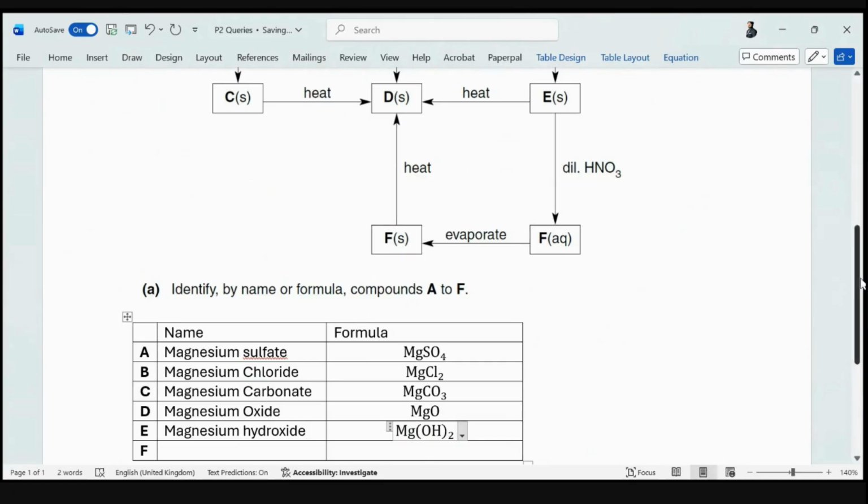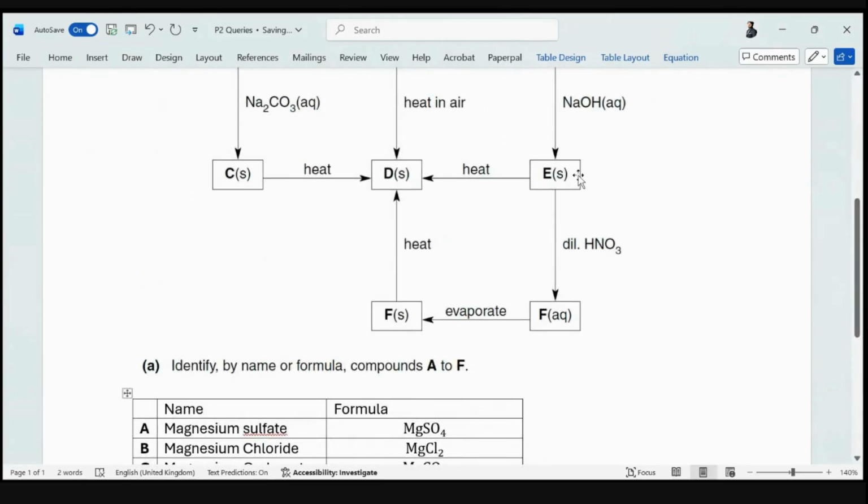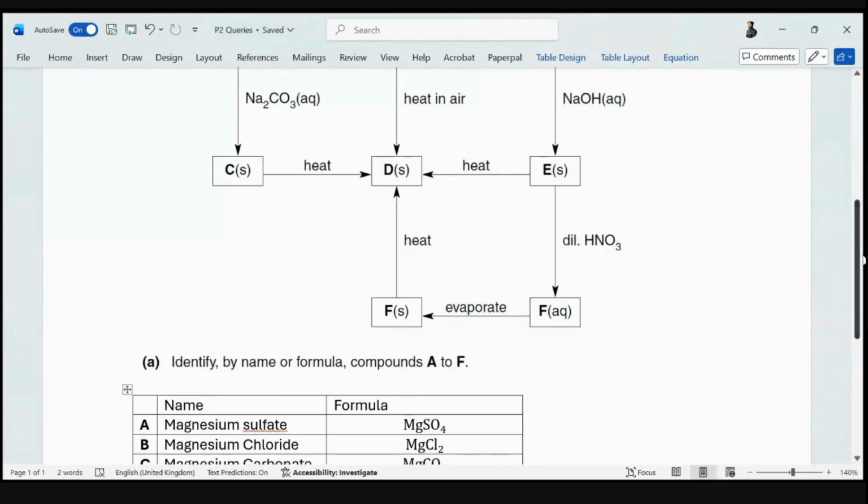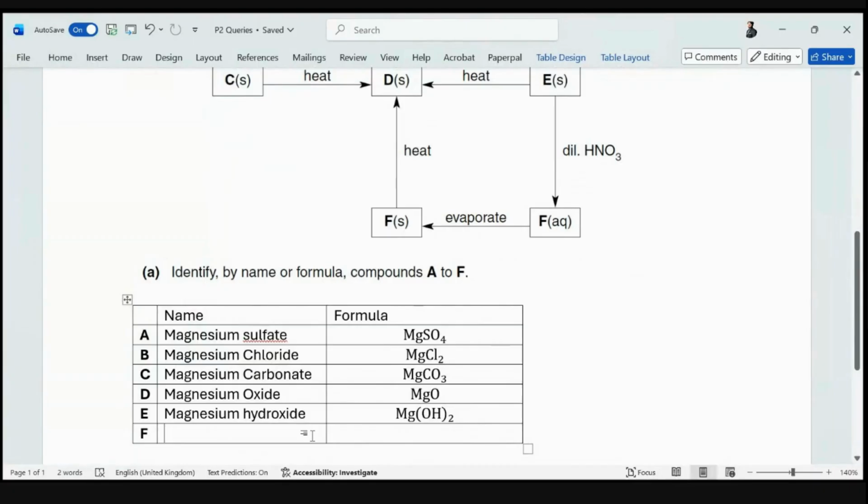Okay, then what about F? When I react E, magnesium hydroxide, with dilute nitric acid, what do I get? That evaporates to give me the same F but in a solid state. And then again that is heated to give me the magnesium oxide again. Magnesium nitrate.